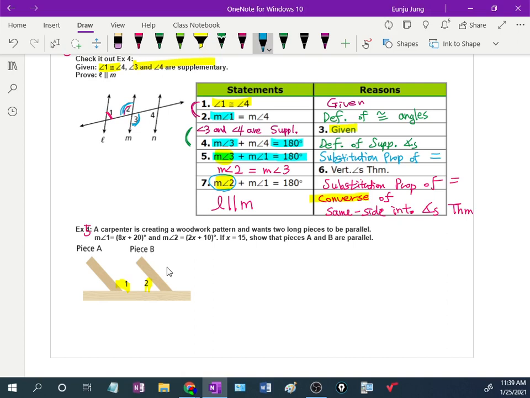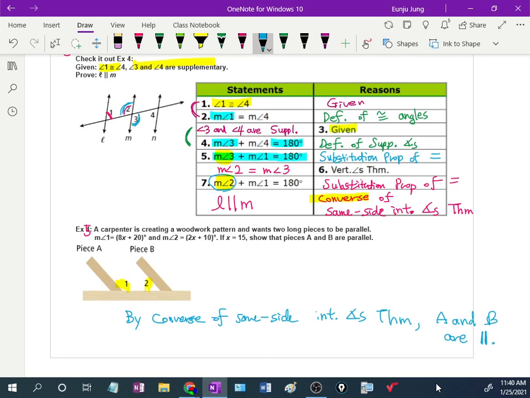So by using the same kind of thing above, my conclusion will be by using the converse of same side interior angles theorem, I can say two lines are parallel. A and B are parallel. That will be my conclusion.